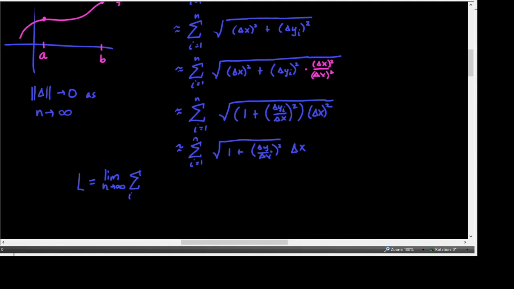And so this will be the sum from i equals 1 to n of the square root of 1 plus delta y sub i over delta x, squared, times delta x.